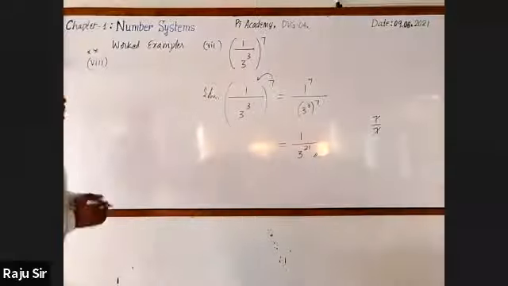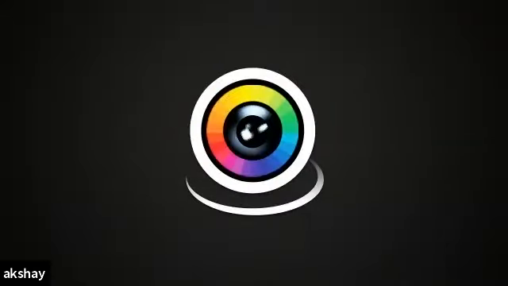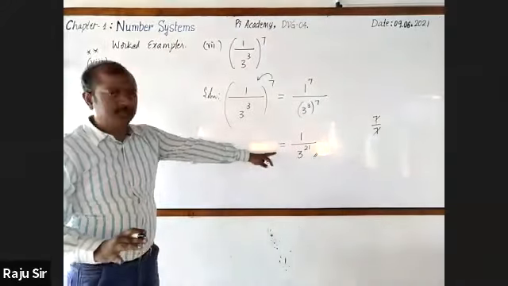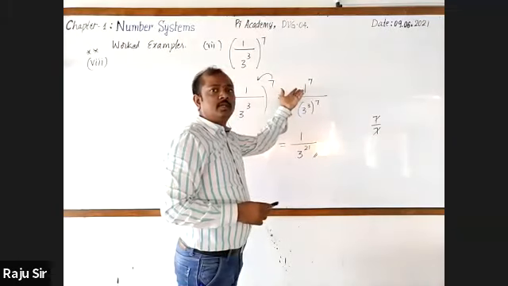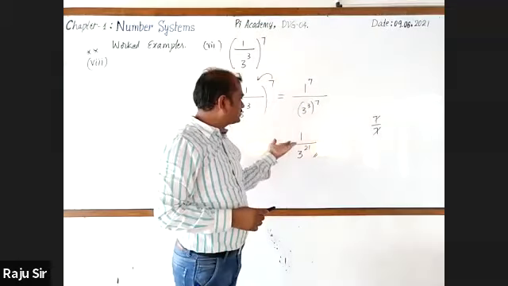Next one. Sir, we can keep the answer as 3 power 21 raised to the power 63, as it is done. Sir, in the numerator we can write 1 power 7 in the answer. 1 raised to the power 7, its value is 1.